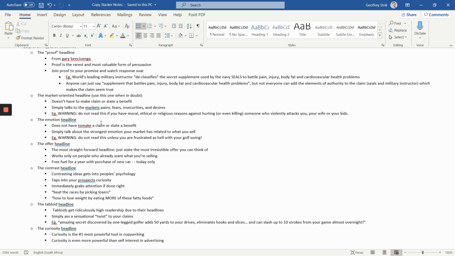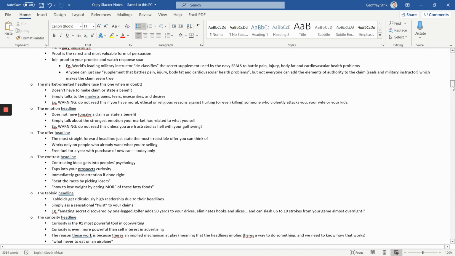You can use headlines that talk to the market's pains, fears, insecurities, desires, values, anything that they basically identify with personally, and state that this copy is basically speaking specifically to people who believe in those things, then they'll identify more with your headline and tend to read more.